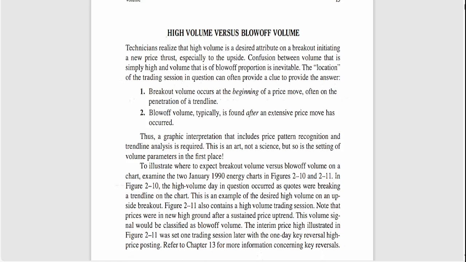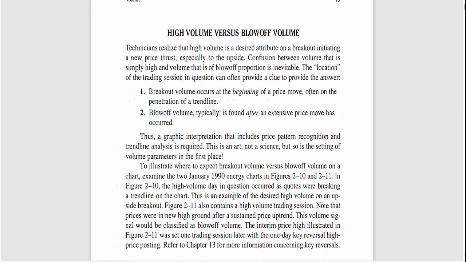From where does it take power? It takes power from the volume. So you will see slightly high volume at breakout stages, and you will expect blow-off volume when the market price moves to a certain stage, an uptrend is established, and then near the top you will see the blow-off volume, and that will reverse the trend. Okay.